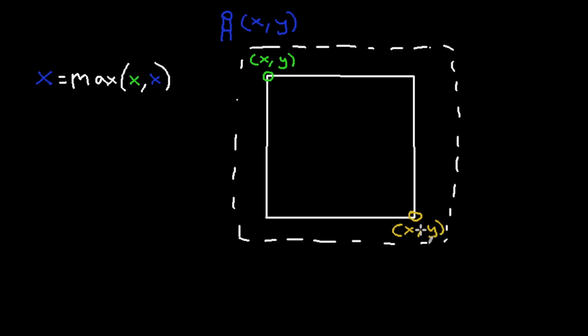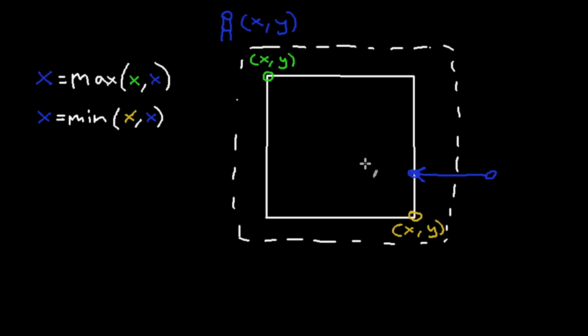Alright, and then we have to do the same for the maximum X of the square. This time we'll take the minimum of the maximum X and the pedestrian X. And there we go. So now if the pedestrian X is greater than this over here, then it will be clamped over to this value.